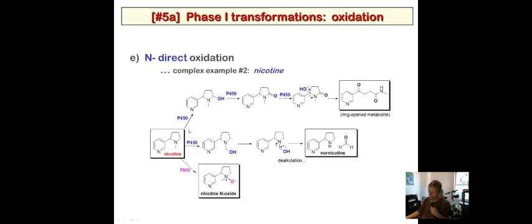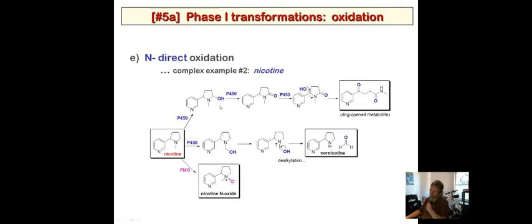Another thing that can happen is that P450 can oxidize the right side CH to make this hemiaminal. And then P450 could oxidize that again, and these are known. It's hard to predict this. On an assignment, I would probably give you some hints on how to do this. You can't just look at this and figure out what the metabolism is going to be. But given what the final metabolites are and the intermediates, you can usually figure this out.